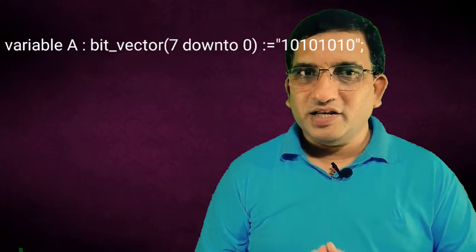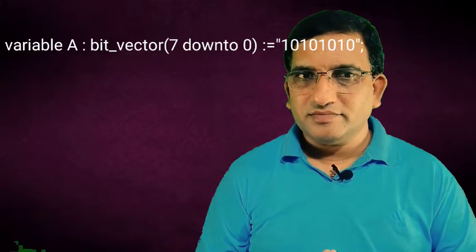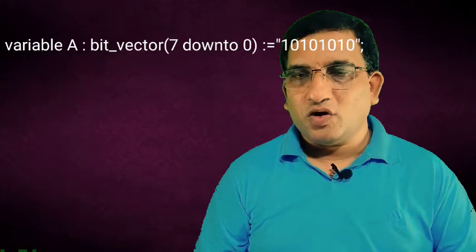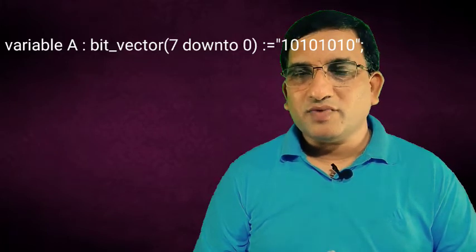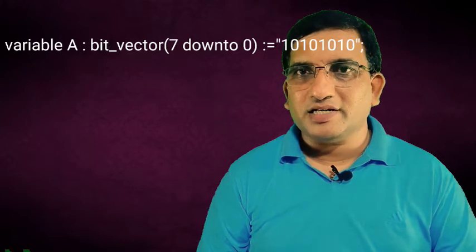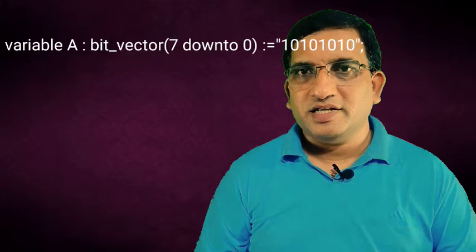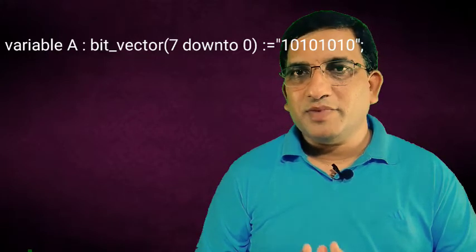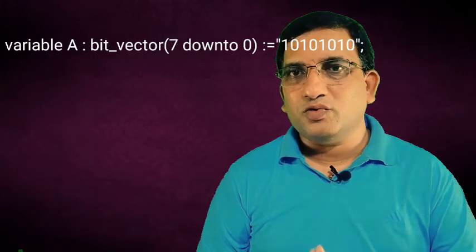Now let us consider one example. Let us denote one variable. I will declare one variable A. I will consider some values or a group of bits in this variable. So that's why I will declare the data type of this variable as bit_vector. I will assume 8 bits inside this variable A. So the data type will be bit_vector, and in brackets I will have 7 down to 0.